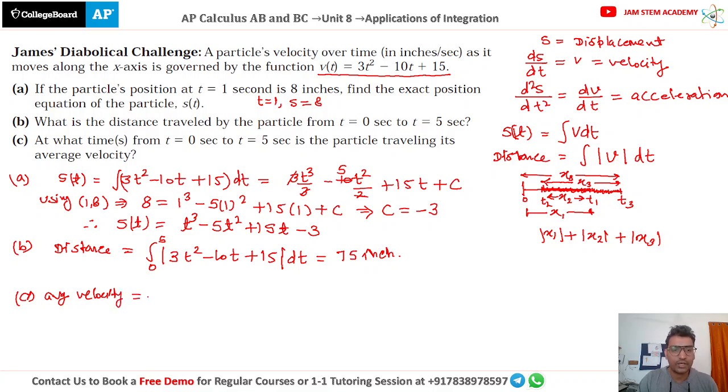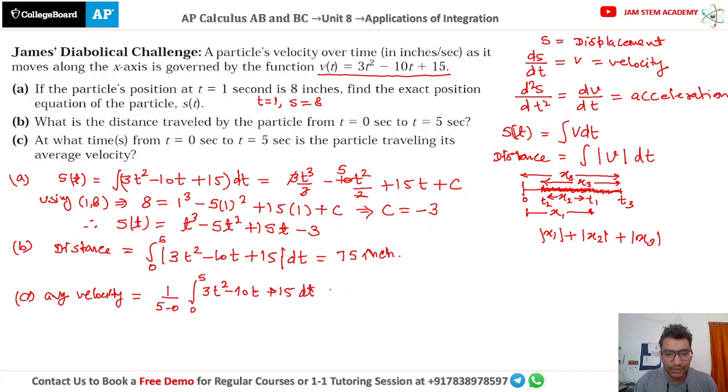Using the previous formula, the average value, I can say 1 over the total time, 1 over 5 minus 0, times the integral from 0 to 5 of the function, 3t squared minus 10t plus 15, dt.